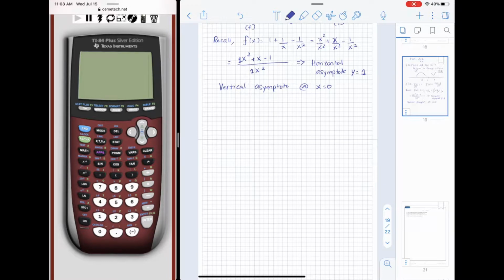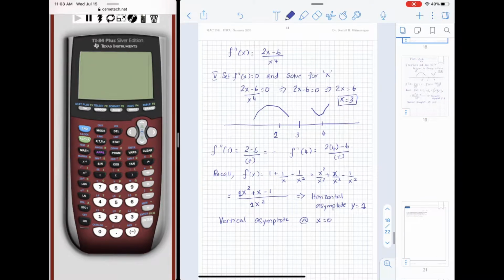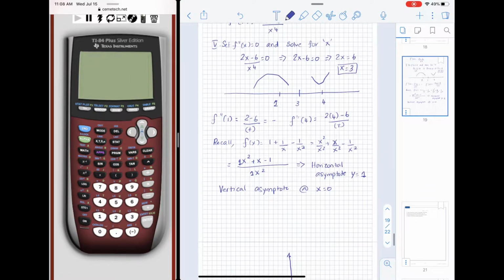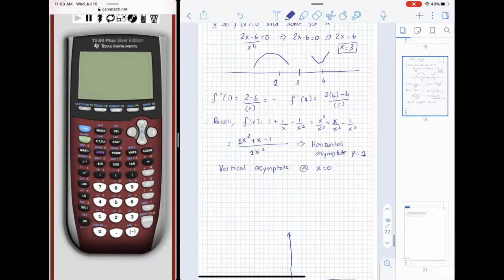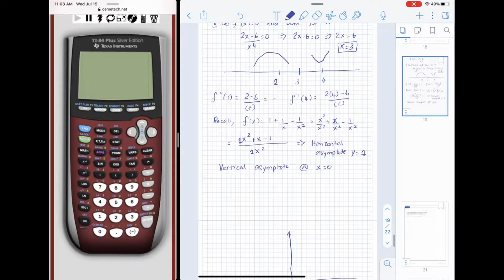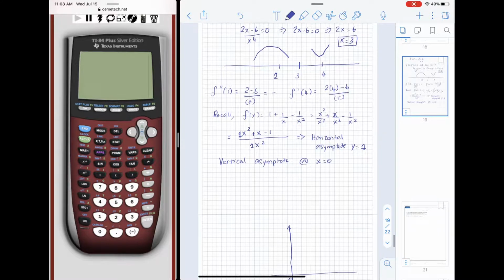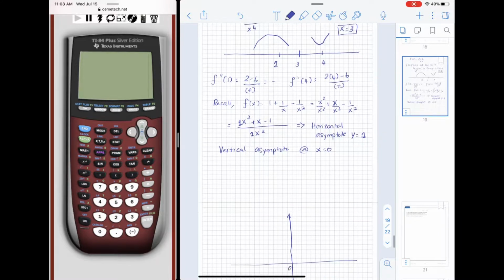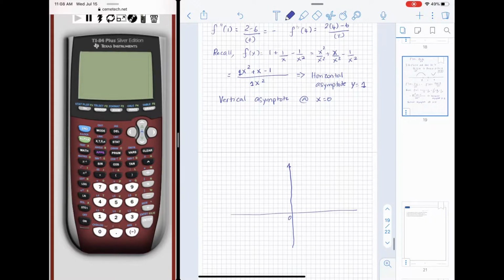There is a vertical asymptote at x is equal to 0, which would imply that there is a discontinuity at x is equal to 0. And what we know is the function is concave down between negative infinity all the way up to 3.